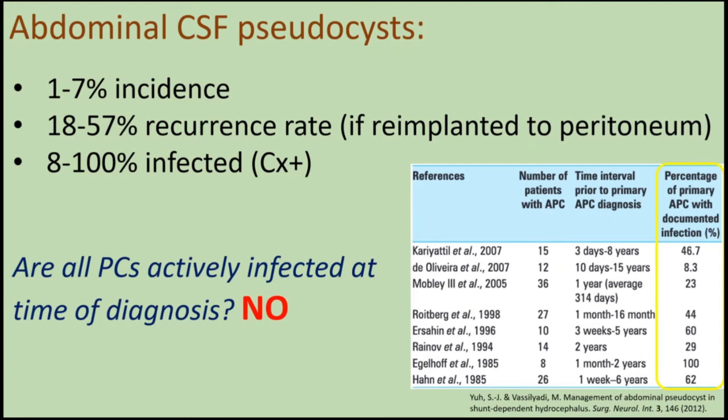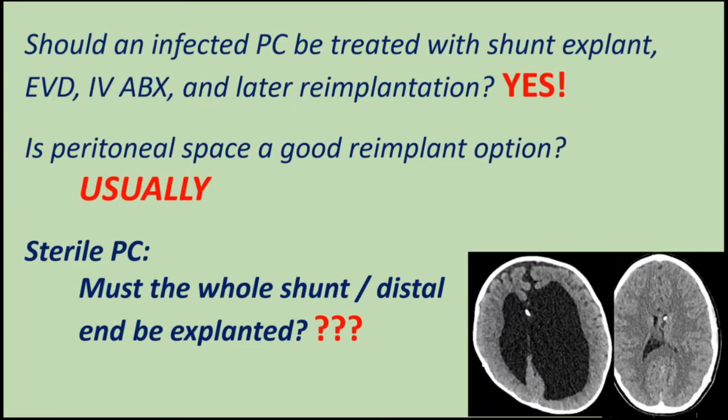All these things have caused scarring or inflammation in the peritoneal space. And so probably pseudocysts start due to an infection at some point, but are they all actively infected at the time they're diagnosed? And if not, then what options are there to manage them?